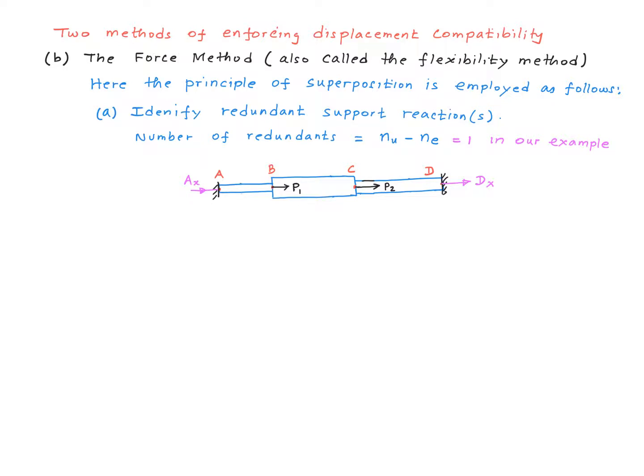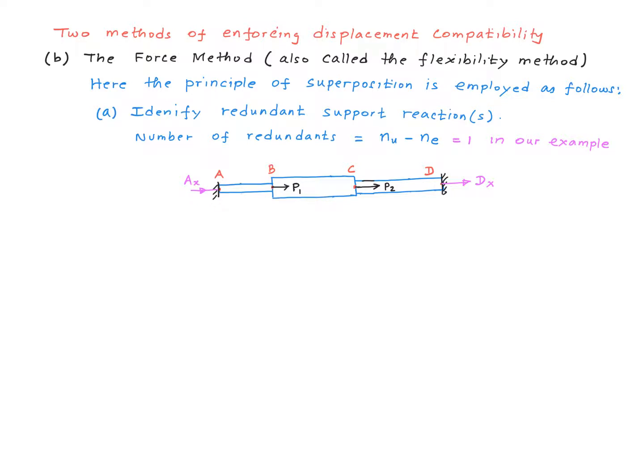In terms of precise steps, this is what we do. First, we identify the redundant support reactions. So what do they mean by redundant support reactions? Well, now going back and looking at this example problem we are considering here for our discussion, right? We have two unknowns, right? Two unknown reactions.